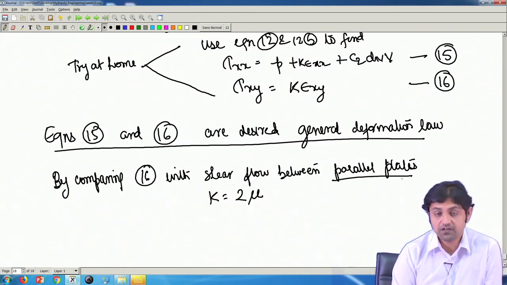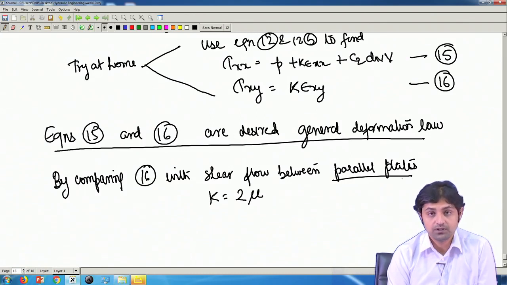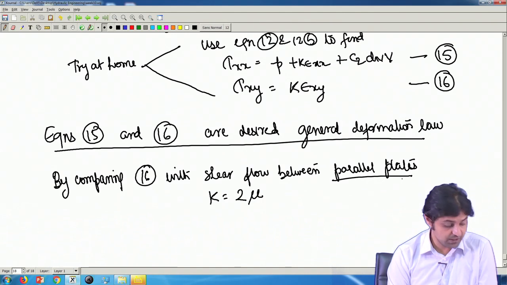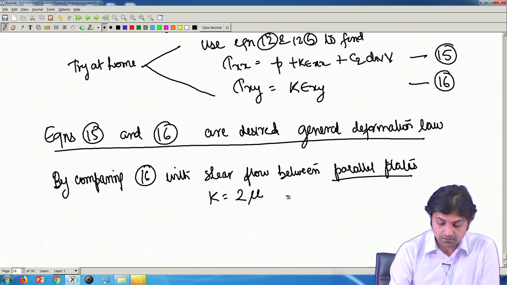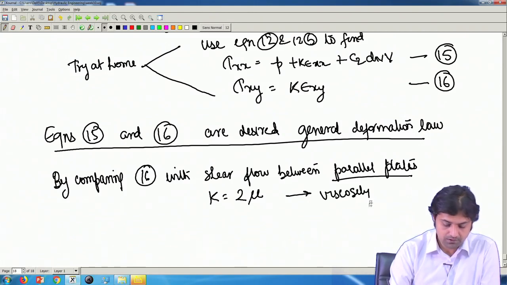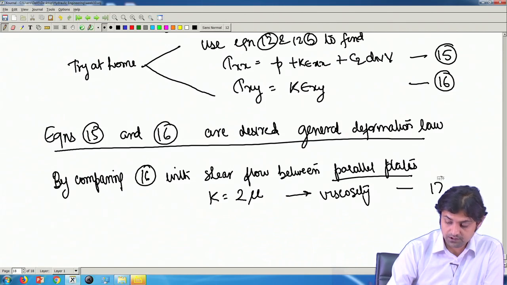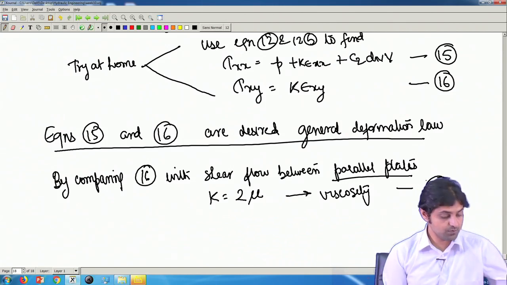This we have seen before in our topic of laminar and turbulent flow, where mu is viscosity, and this is equation number 17. It is just by comparison.